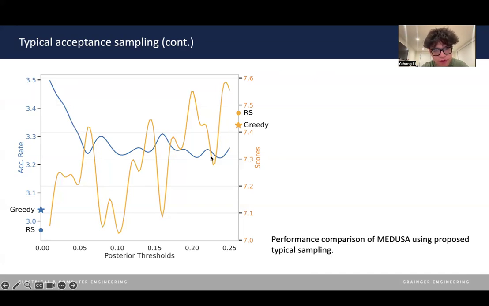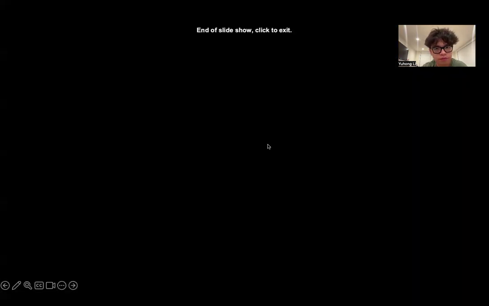When we make the threshold larger, the acceleration rate drops, but it's still higher than greedy or random sampling. The scores are on par with greedy and random sampling, and it has a significantly higher acceleration rate. That's the idea we use: we can use typical sampling instead of random sampling or nucleus sampling.